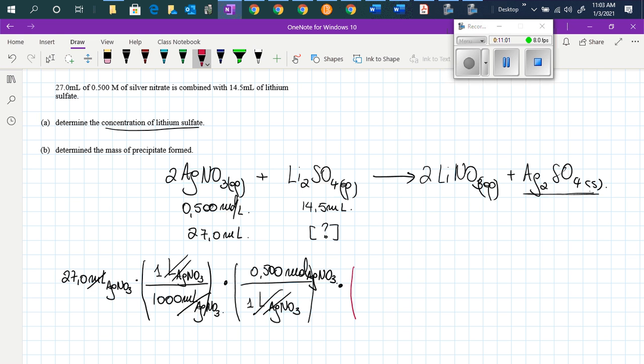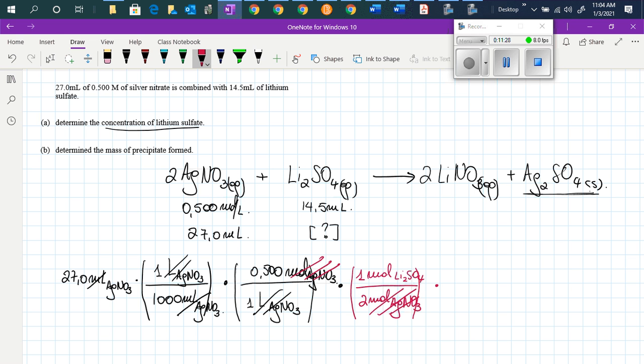Or if we have 1 mole of lithium sulfate, then it needs to react with 2 moles of silver nitrate. So 2 moles of silver nitrate need 1 mole of lithium sulfate. So moles of silver nitrate cancel out.